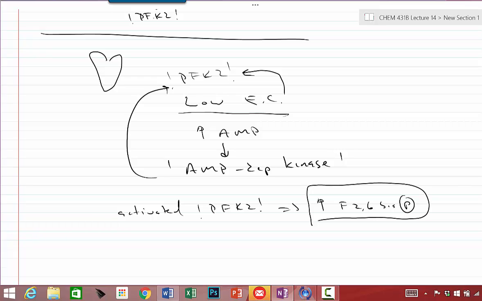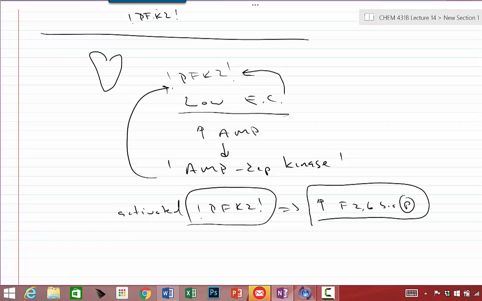So you can see that this phosphofructokinase 2 is very important depending on what phosphorylates it. If it's phosphorylated by protein kinase A, PKA, then it becomes deactivated. If it's phosphorylated by AMP-dependent kinase, then it becomes activated.